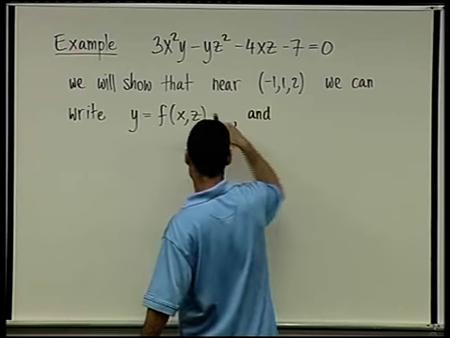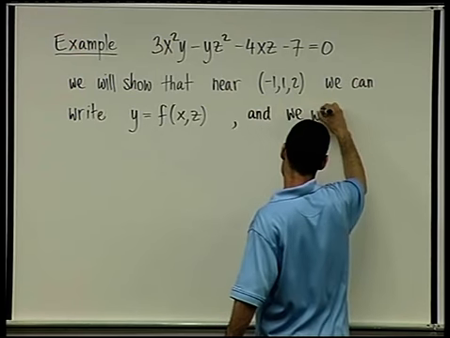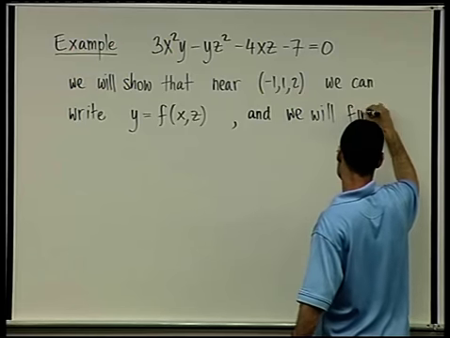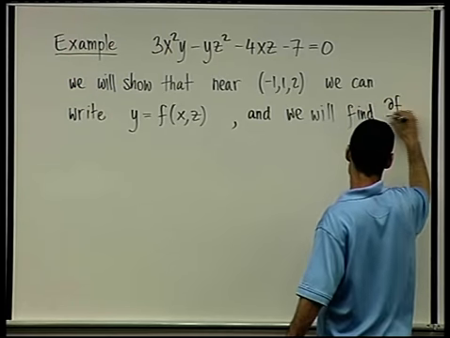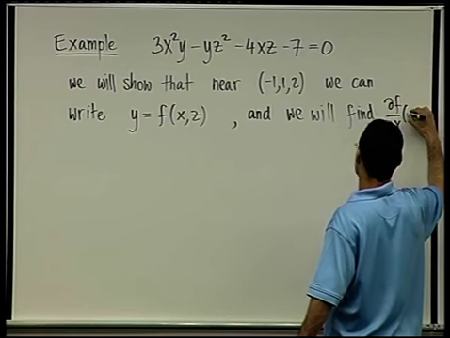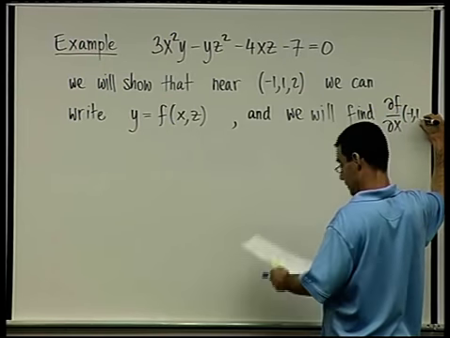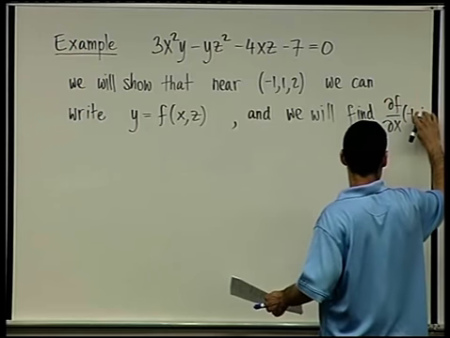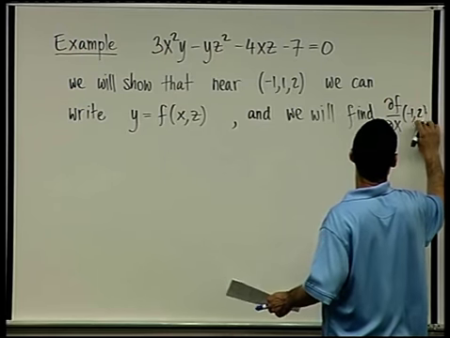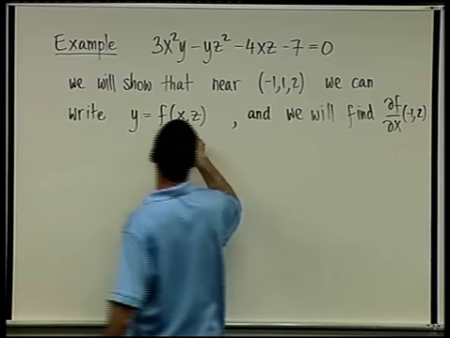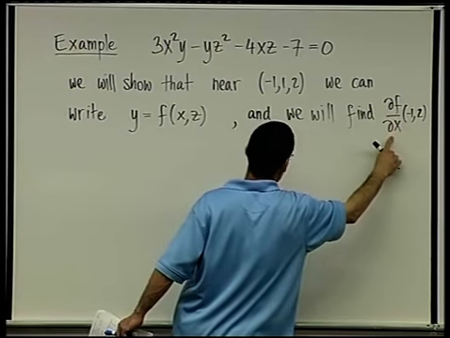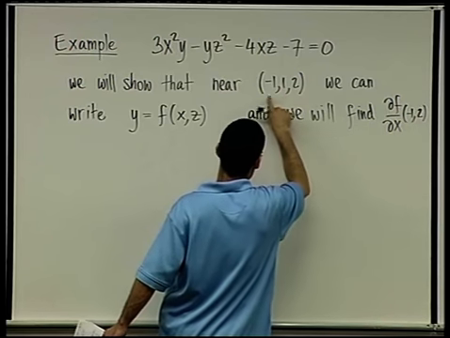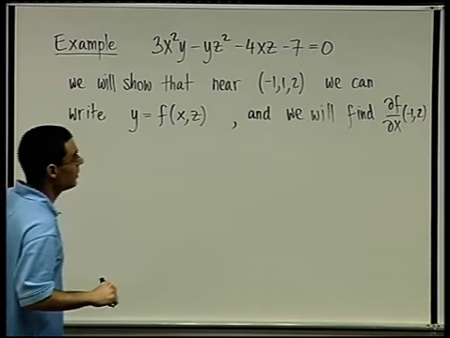And we will find df by dx at the point negative 1, 2. f is a function of x and z, and I want to find the value of the partial with respect to x at the point negative 1, 2. That's the x and the z.